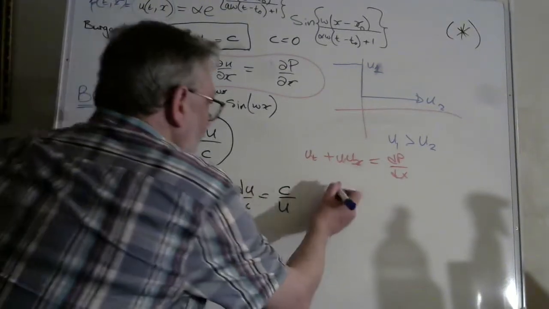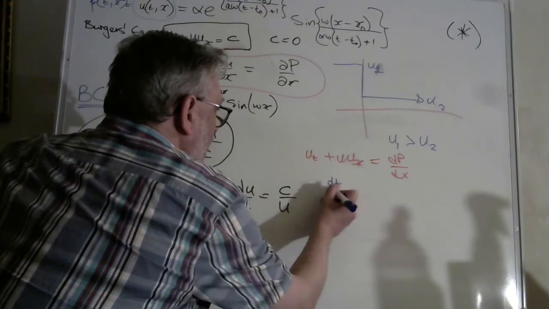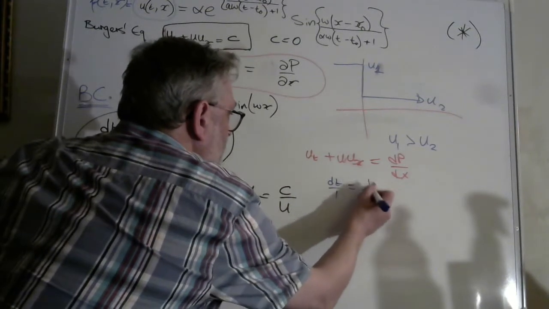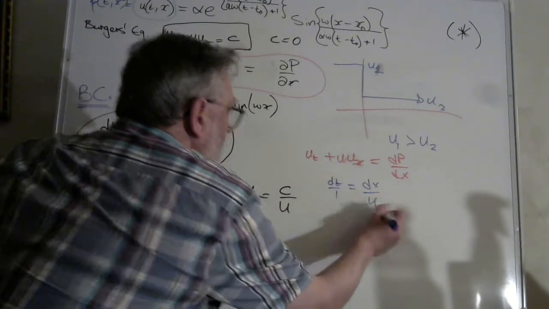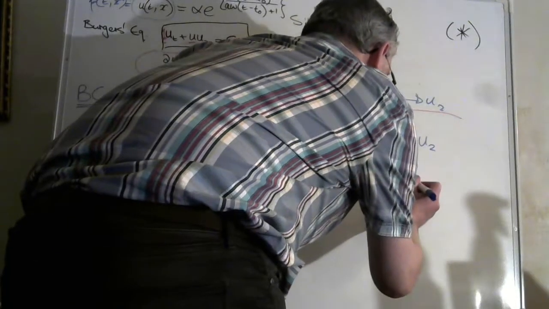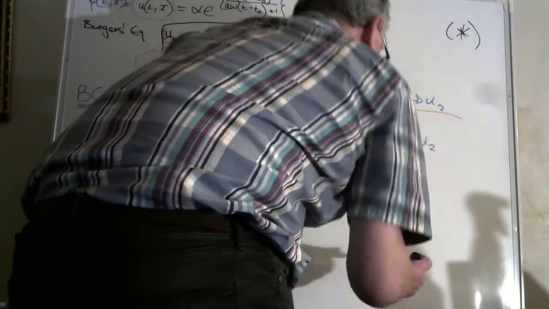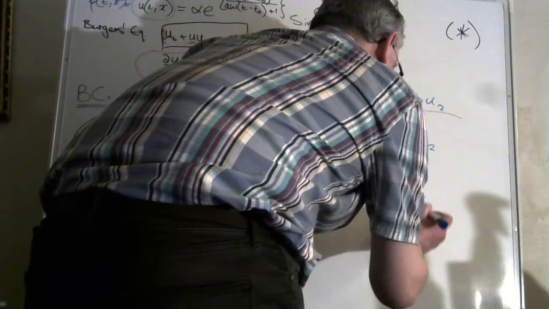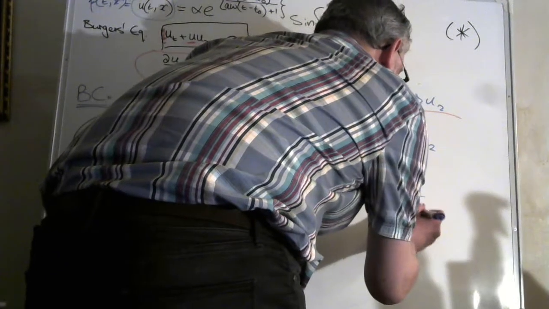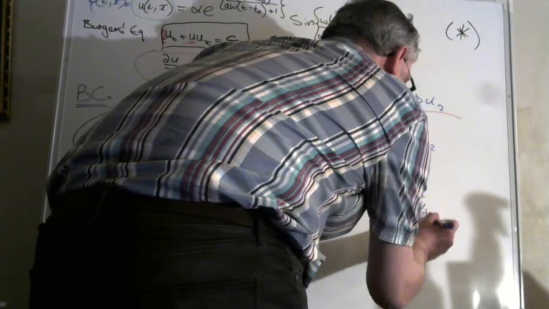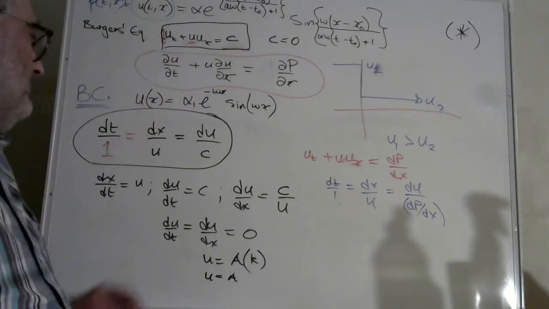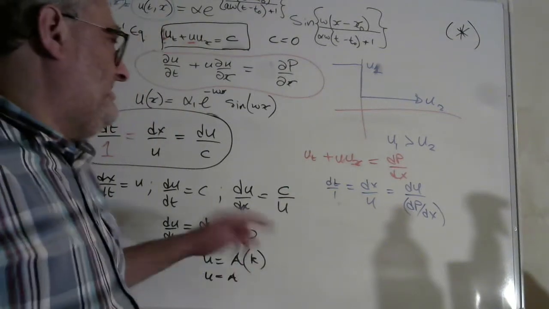We have dt over 1 equal to dx over u, and over here we have du over dp by dx, and I'm just writing that straight d's. Right, now we know that u is equal to a constant, a.